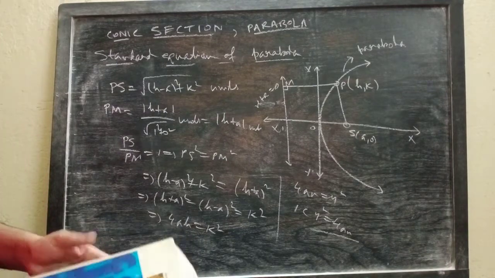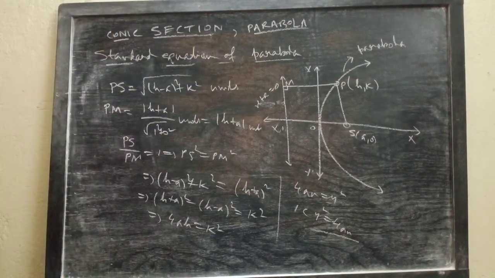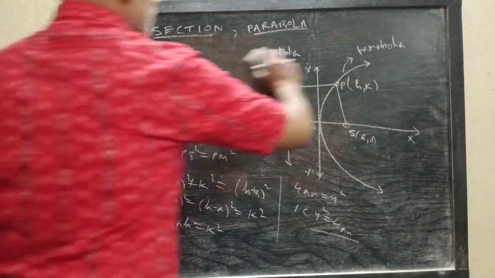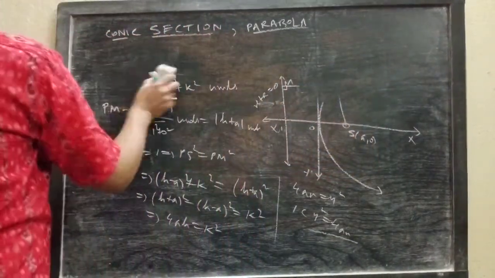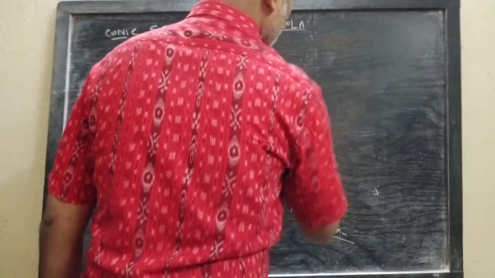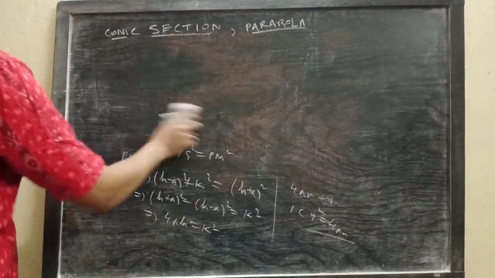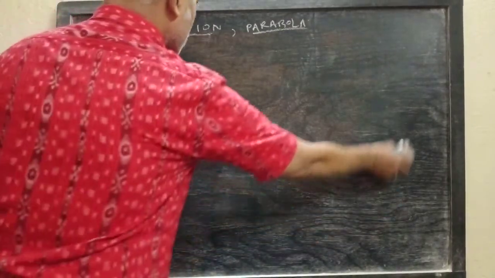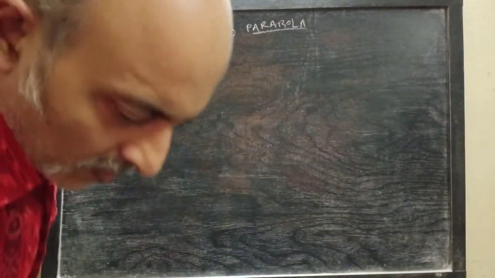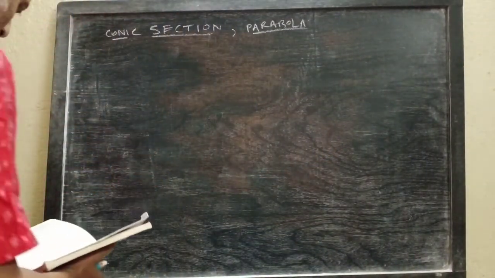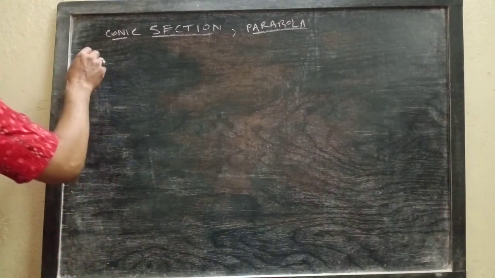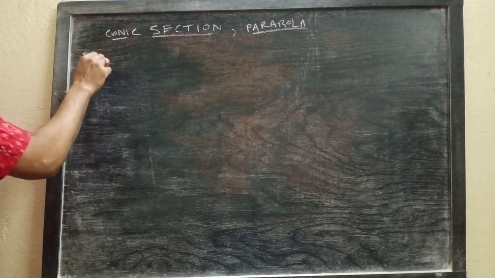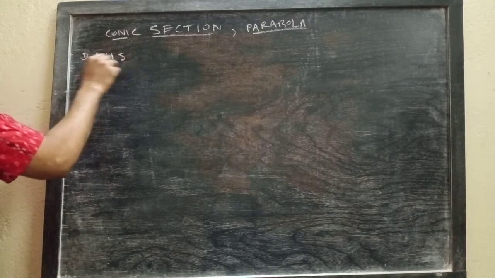Now let me introduce some basic concepts or basic parameters in the discussion of conic section. First one is axis. Number 1, axis.